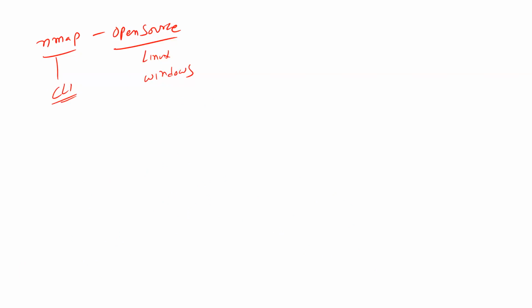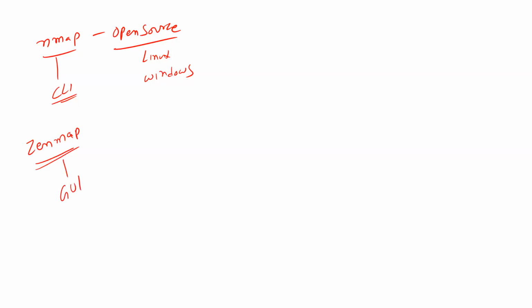But let us say you are not very comfortable with the command line interface. There's a tool which will be installed along with Nmap called ZenMap. ZenMap is a GUI, a graphical interface.